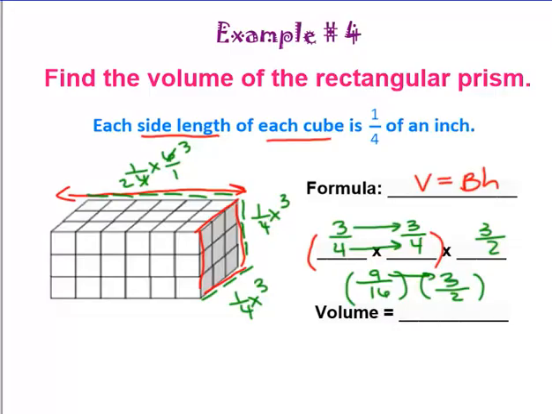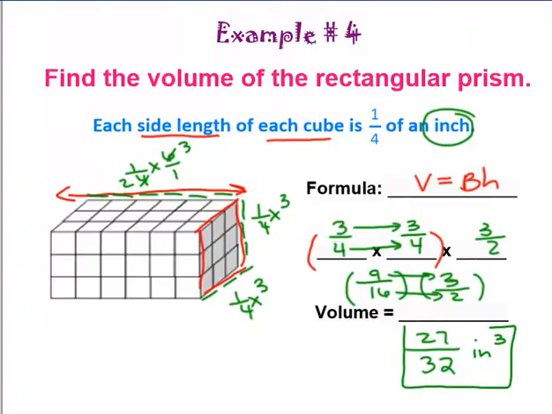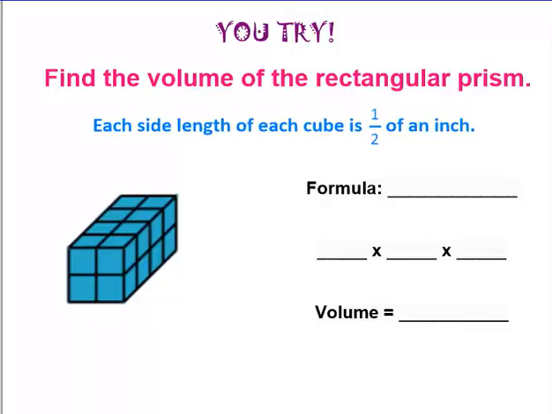So 9 times 3 is going to be 27, and then 16 times 2 is going to be 32. And our units are inches, and so that is inches cubed. All right. You go ahead and try this one.